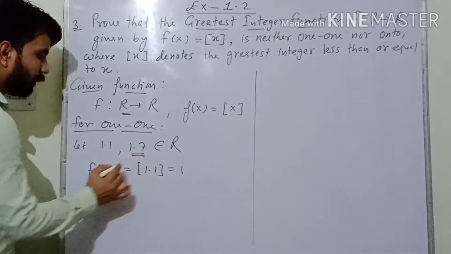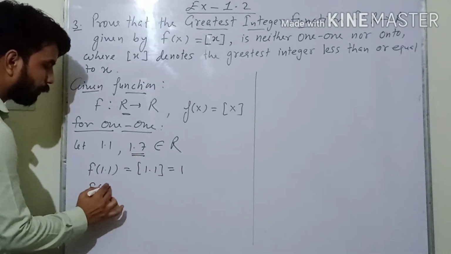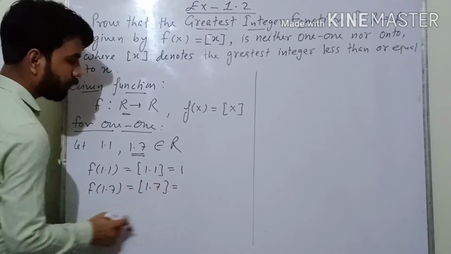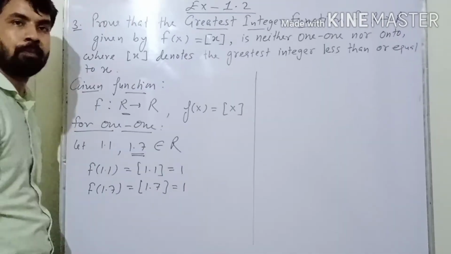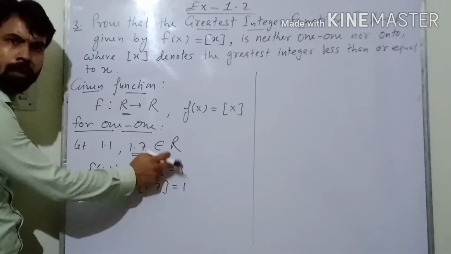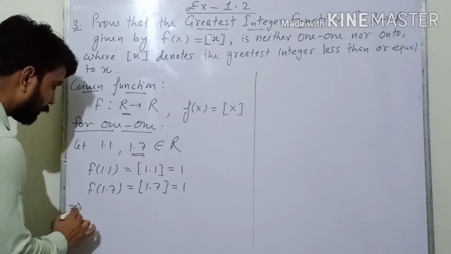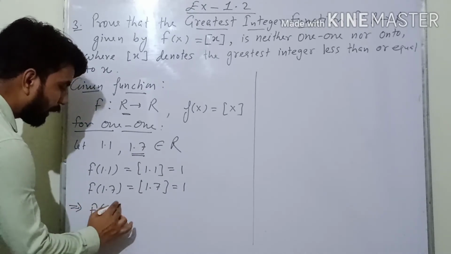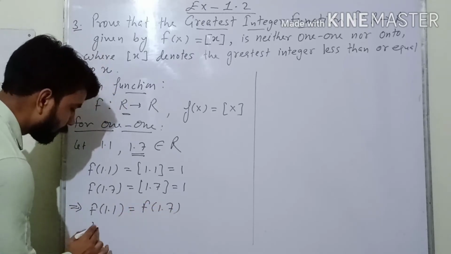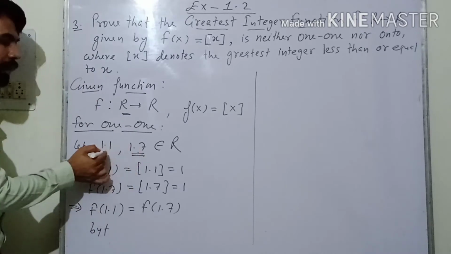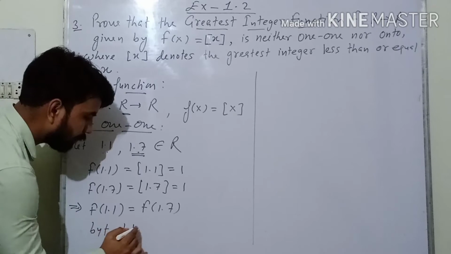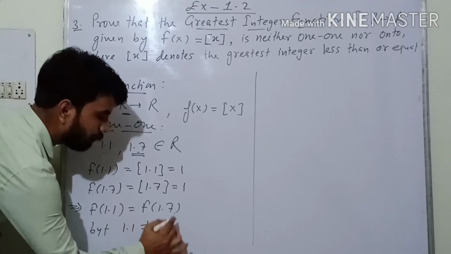Now we check the value of f(1.7), which is greatest integer 1.7, and its value is also 1. So f(1.1) and f(1.7) are both equal. You have to write f(1.1) = f(1.7), but 1.1 is not equal to 1.7.